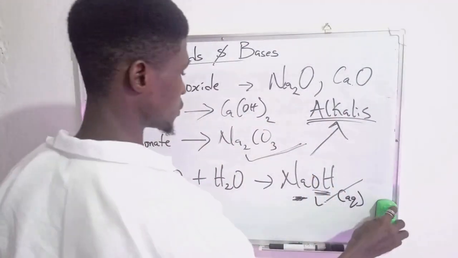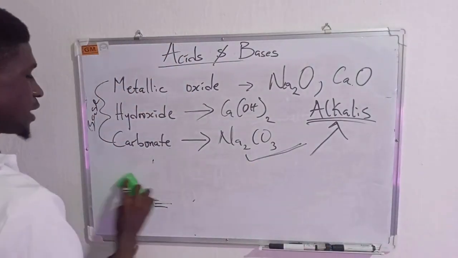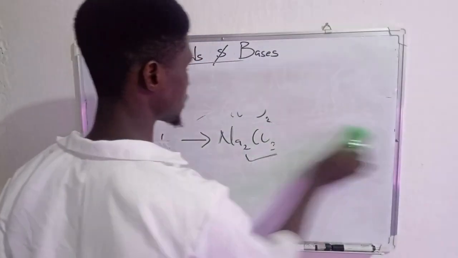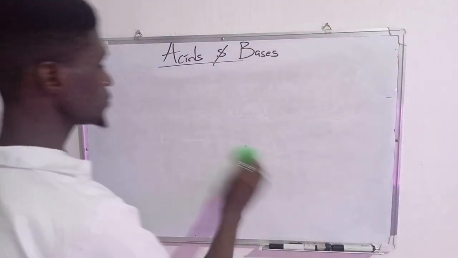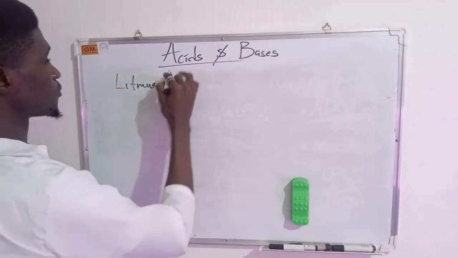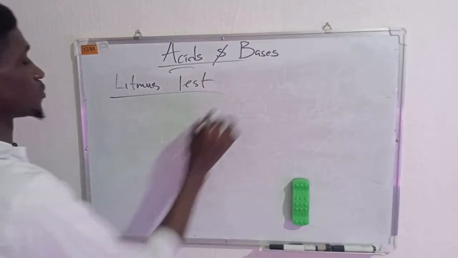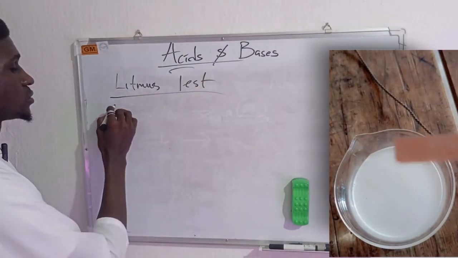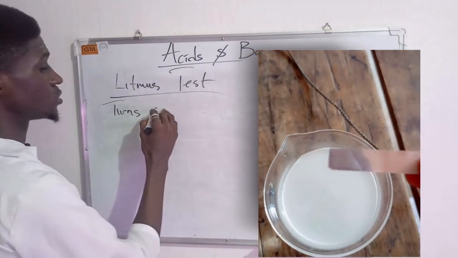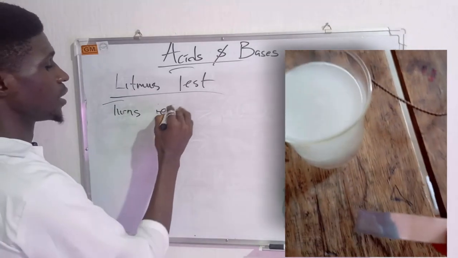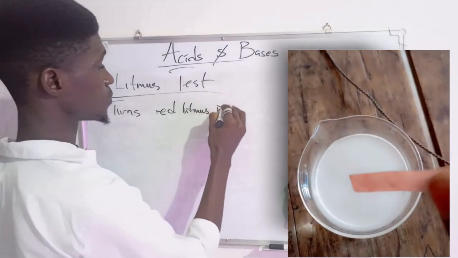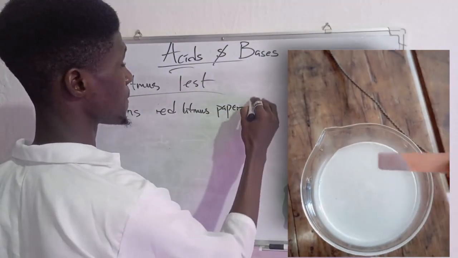Okay, so under test of base, let us see litmus test for base. Bases turn red litmus paper blue.